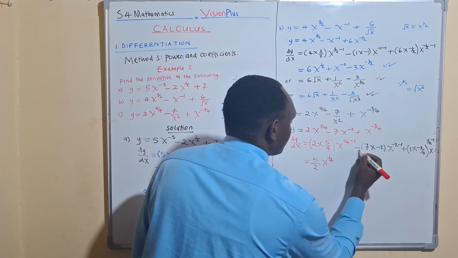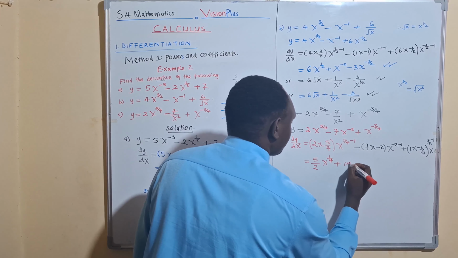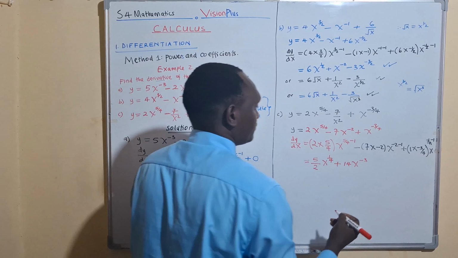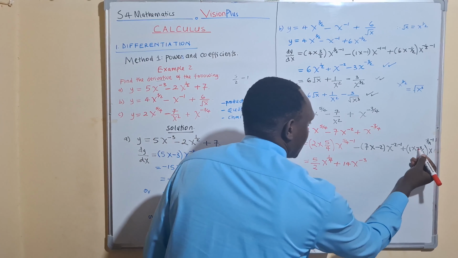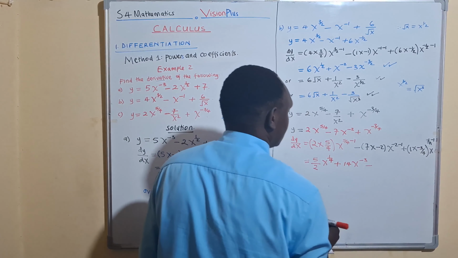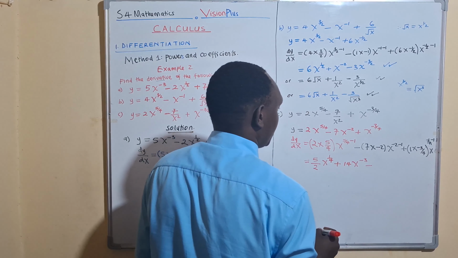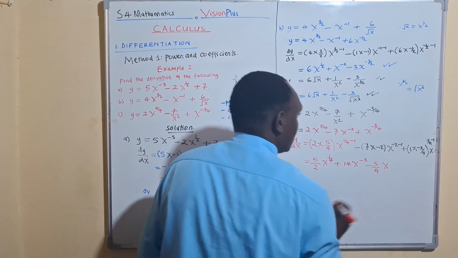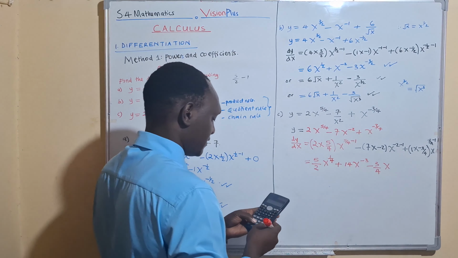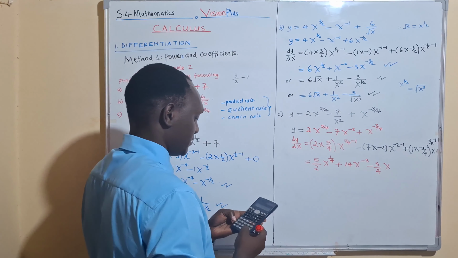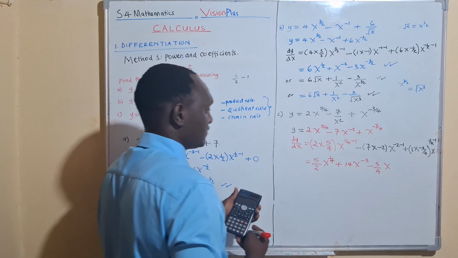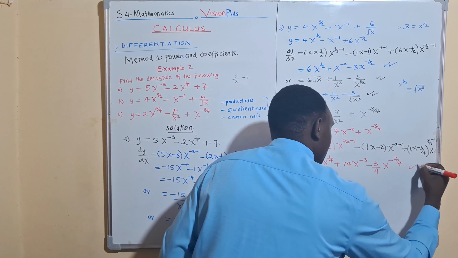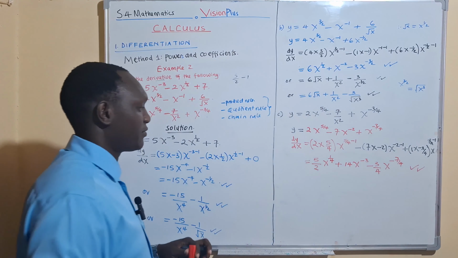Then this one now becomes positive, plus 14 x power negative 3. This one now becomes a negative because there's a negative there, minus 3 out of 4 x. Power was negative 3 divided by 4 minus 1, negative 7 out of 4. This is the answer, which is very correct.